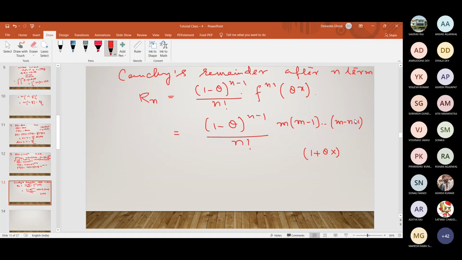Why n minus 1 factorial? We are taking the remainder after your n terms.